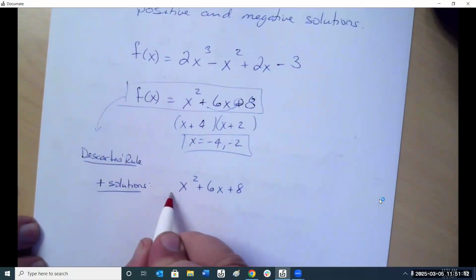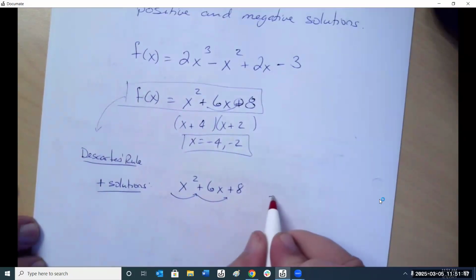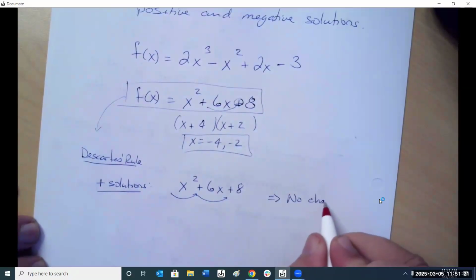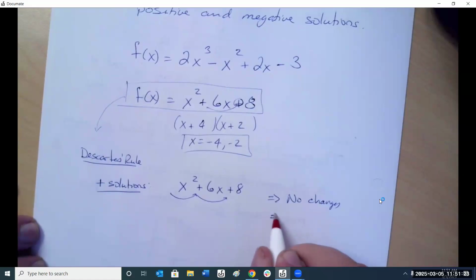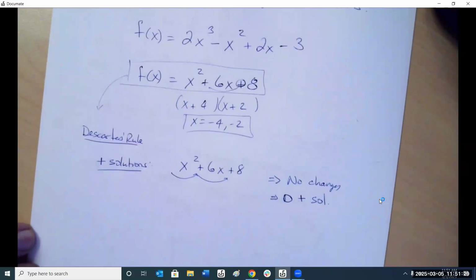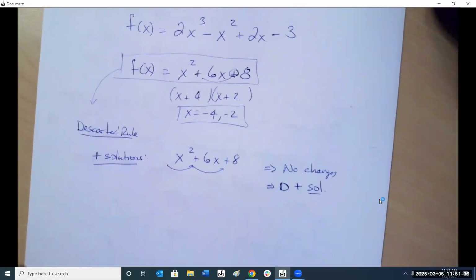This is positive. Is that a sign change? Is that a sign change? No changes, so we get 0 positive solutions. Those are just points along the x-axis. When we talk about solutions, those are the x-intercepts.